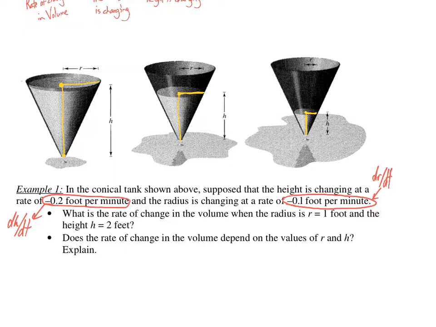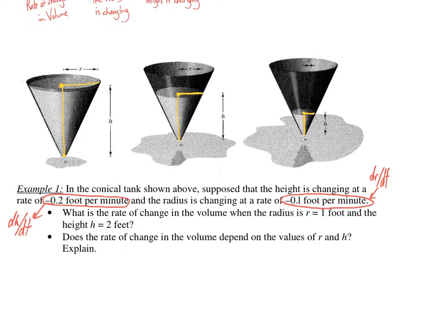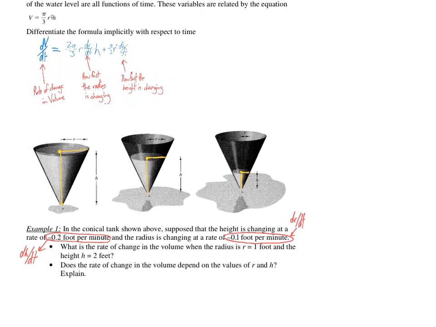So how would I find the rate of change in volume when the radius is a foot and the height is 2 feet? Plug it in. We've got an equation already.